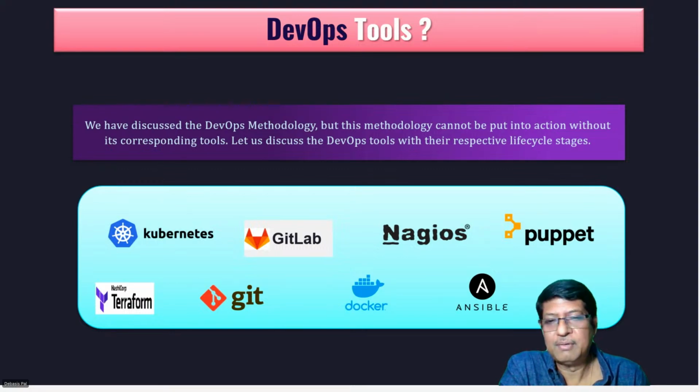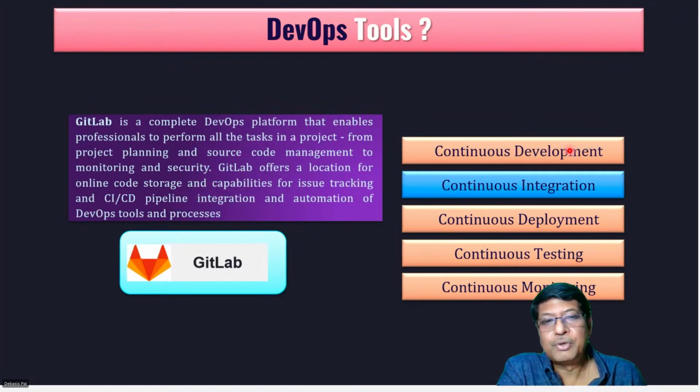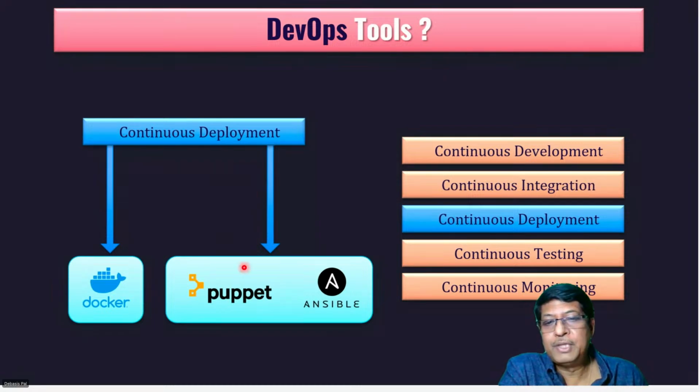Thank you. So Git comes, I will not go into the details because that is out of scope here. Git is on the continuous development path. With the GitLab tool, you do the continuous integration, and either with Ansible or along with Docker and Ansible, you do the continuous deployment.